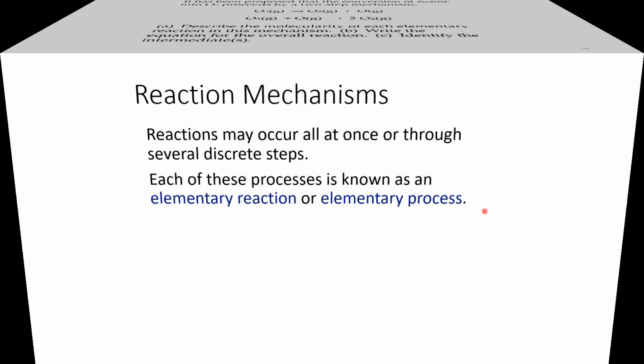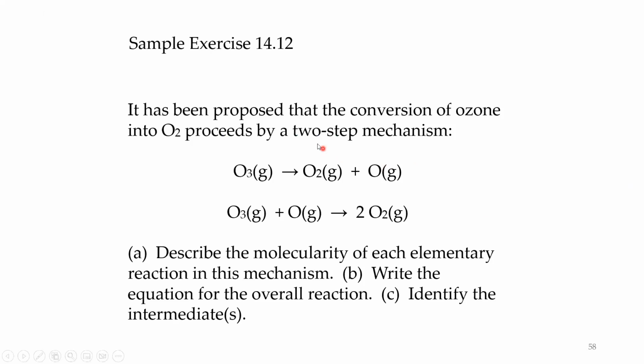Because when we look at a chemical equation, a lot of the times we're going to think just reactants to products, because that's what we start with, that's what we finish with. But a lot of the times, as the coordinate diagram indicated, there's going to be multiple steps where those molecules transition from the reactant to the final product.